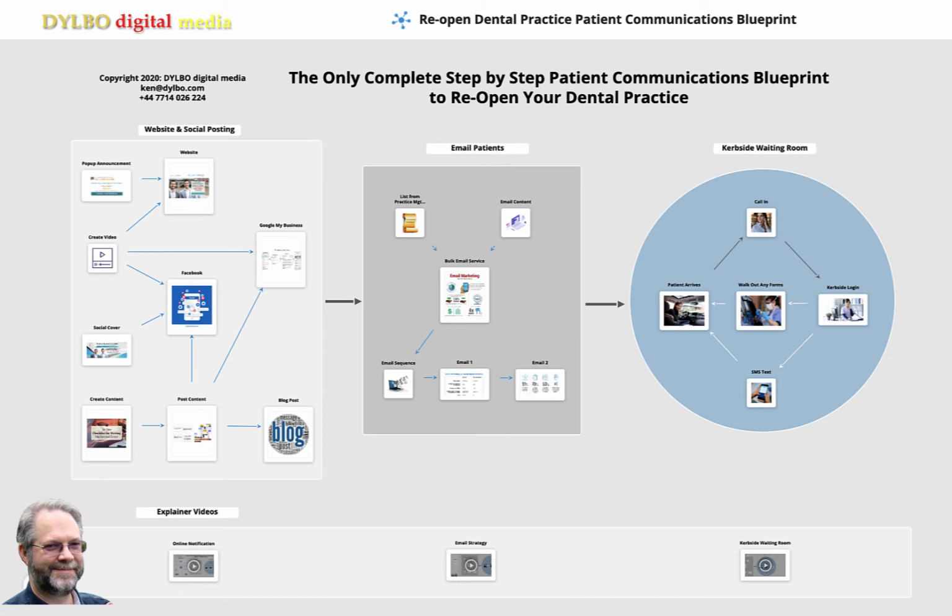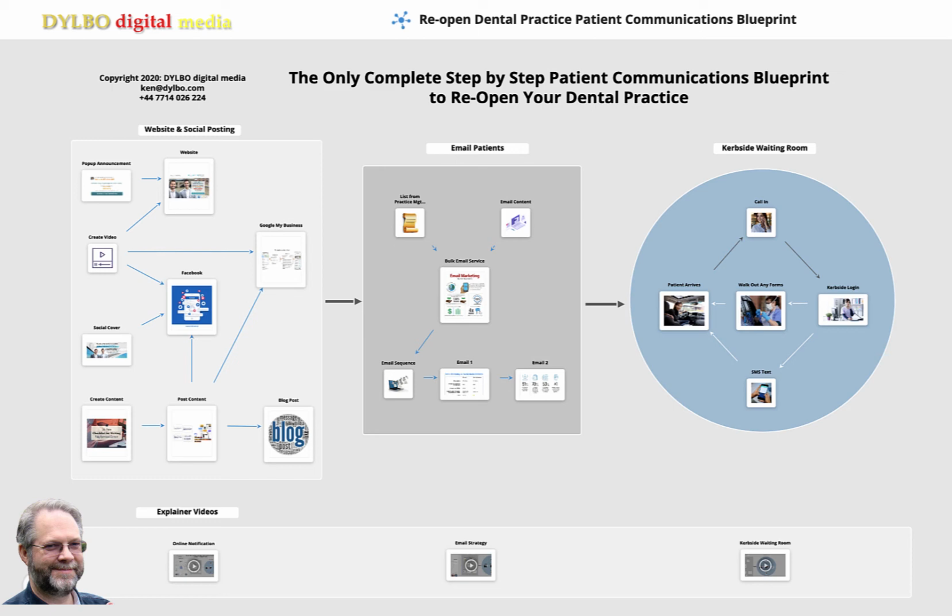What I want to just introduce you to here is 3 areas of patient communications that will help a lot in addressing these 2 issues: communication with patients while you're in lockdown or temporarily restricted in your services, and ongoing communications thereafter, particularly in a different way of working where waiting in a waiting room is no longer acceptable.